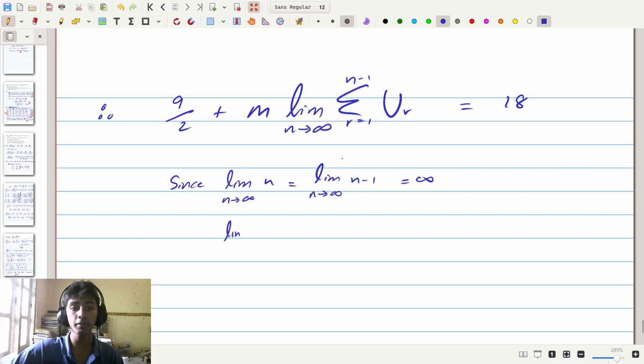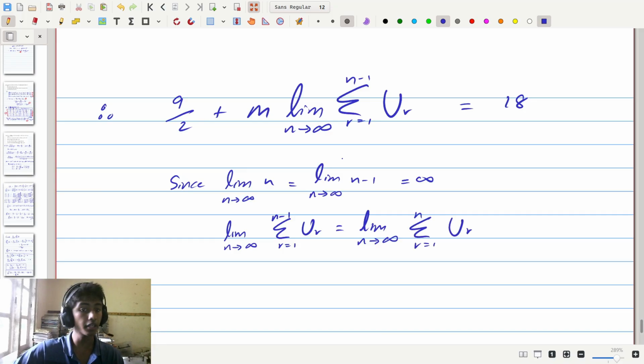So therefore the limit as n approaches infinity of the sum from r equals 1 up to n minus 1 of u of r is equal to the limit as n approaches infinity of the sum from r equals 1 up to n of u of r. It doesn't make any difference, and we know that this limit once again is equal to 9 over 2.